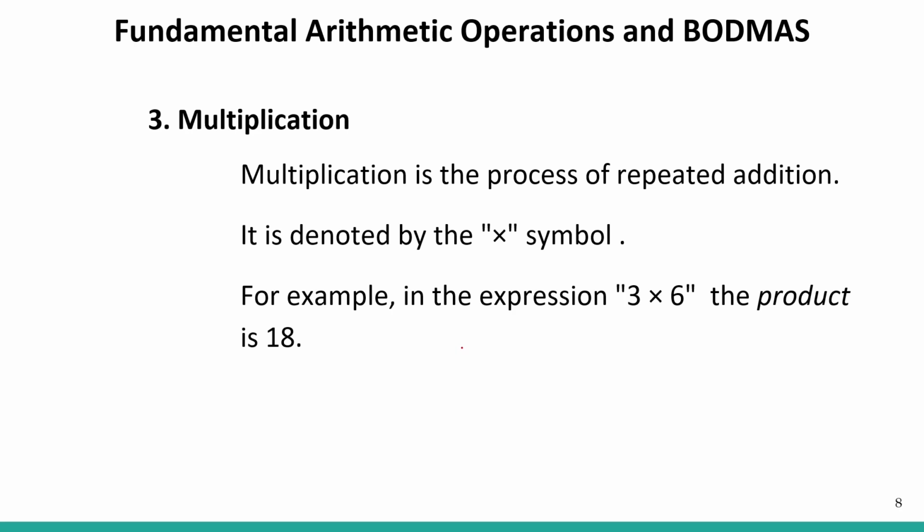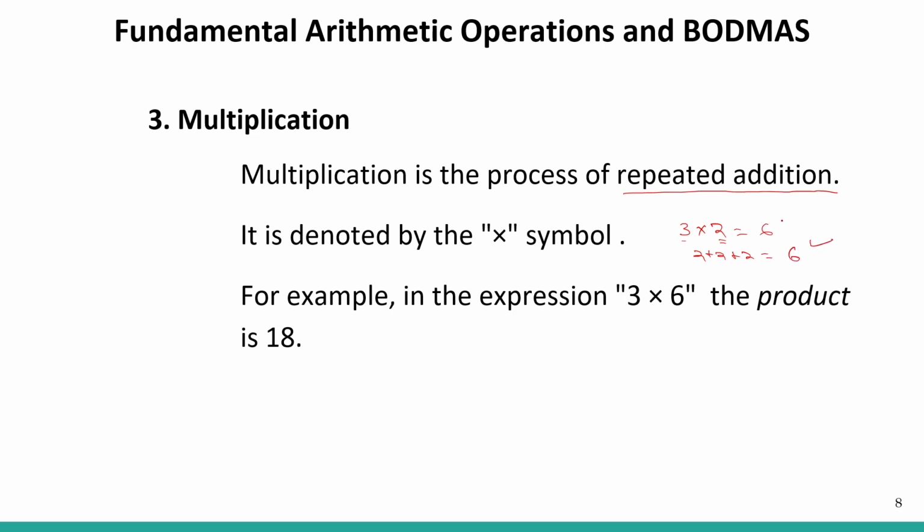And the third kind of arithmetic operation is multiplication. Multiplication is the process of repeated addition. Just note down this term, repeated addition. If we are given 3 into 2, you add 2, the second term in the multiplication, 3 times. That is 2 plus 2 plus 2. How many times was 2 added to itself? 3 times, and that is equal to 6.